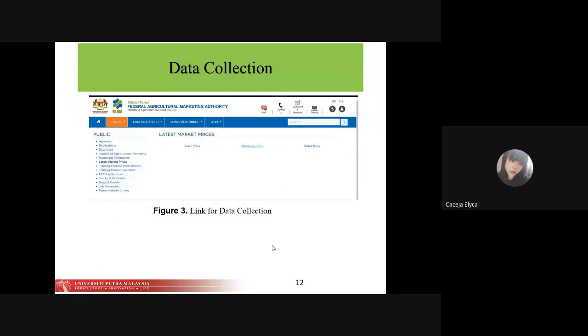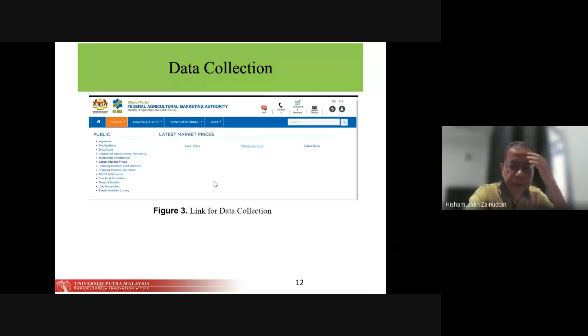For now, I cannot tell directly how much the data set is, but for the market price I get the data from 2012, I think, until 2022. But the data that we get fully is from 2018 until 2022, for the market price and retail price.